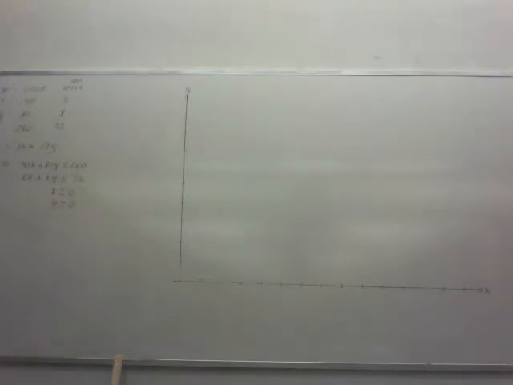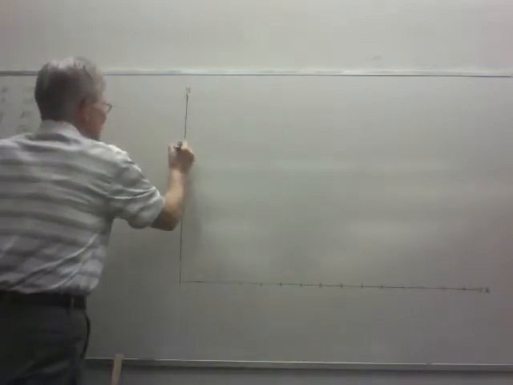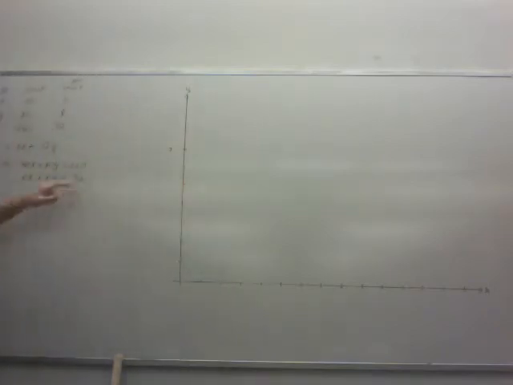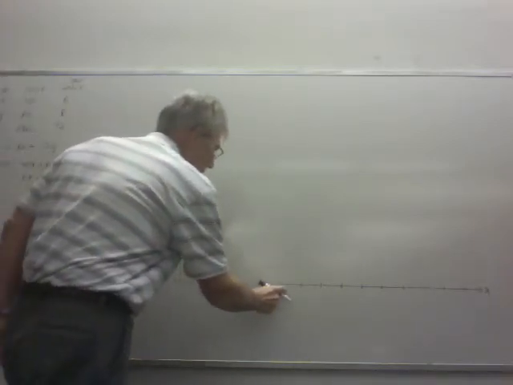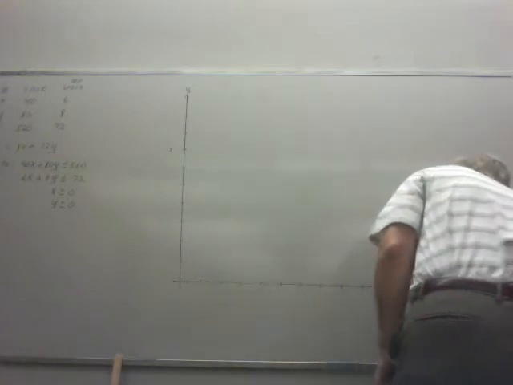If you're slope-intercept people, put those in slope-intercept form and graph them that way, but I think there's a lot easier way. If I let X be equal to 0, Y is going to be equal to 560 divided by 80, which gives me 7. 1, 2, 3, 4, 5, 6, 7. There we go, here's 7. And if I divide 560 by 40, I get 14. 1, 2, 3, 4, 5, 6, 7, 8, 9, 10, 11, 12, 13, and 14.